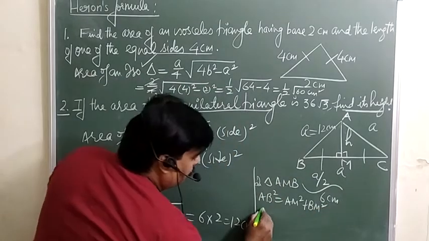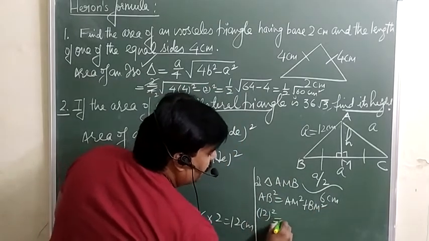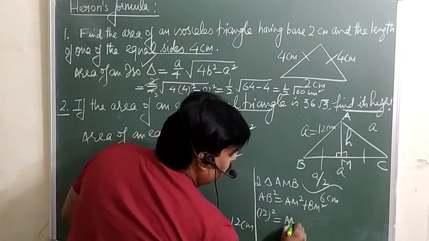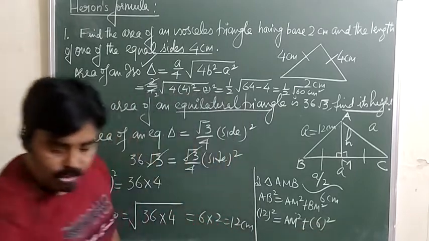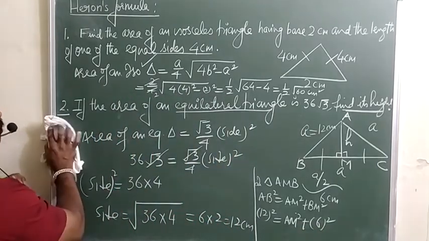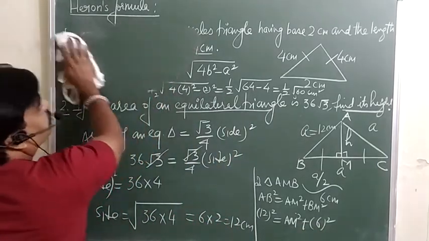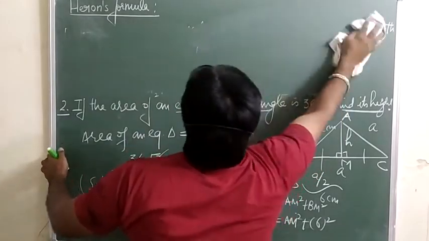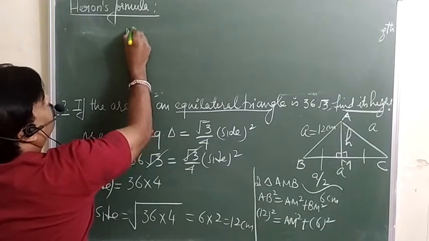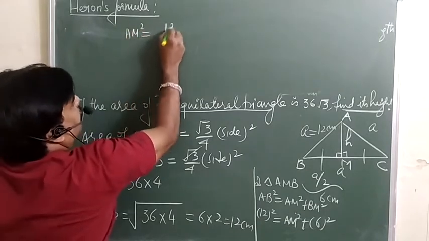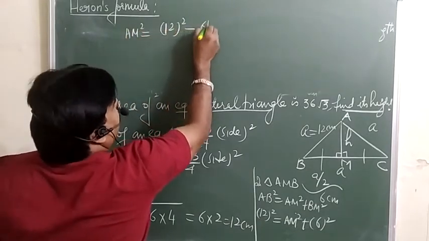AB is what? 12 whole square. AM, we want to know, AM square plus BM is 6 whole square. You can solve this one only. So look at here. So this is AM square is equal to, you can write down 12 square minus 6 square.